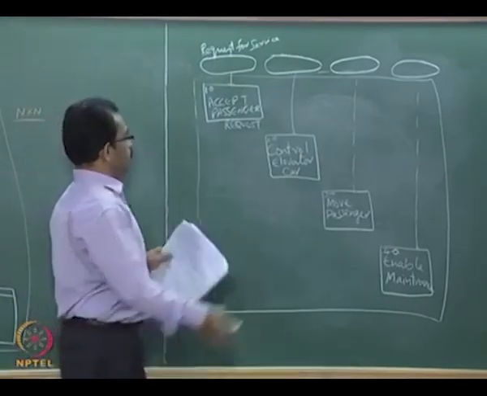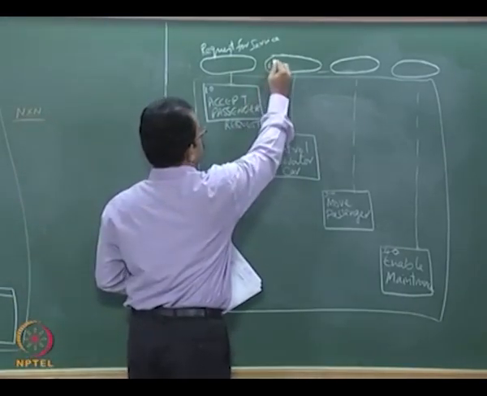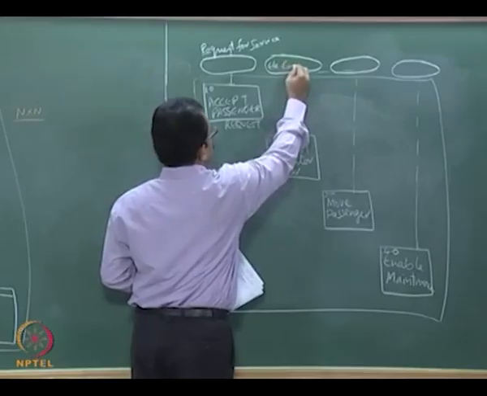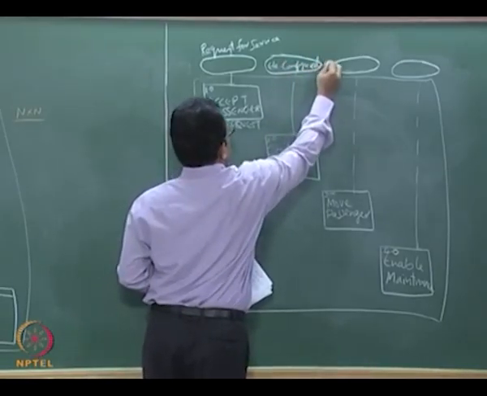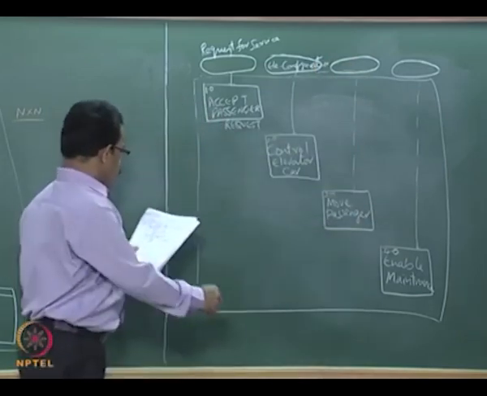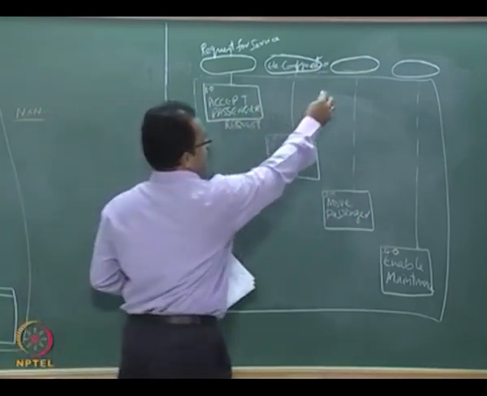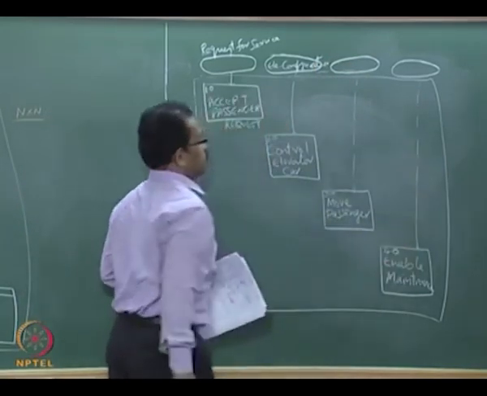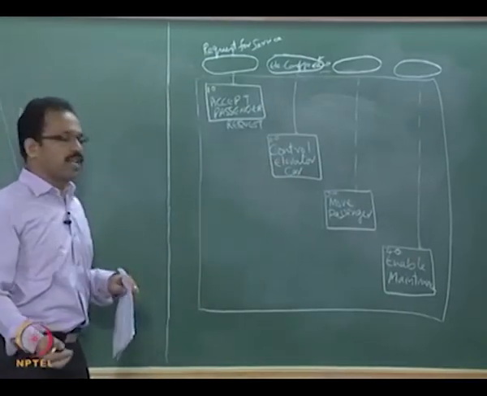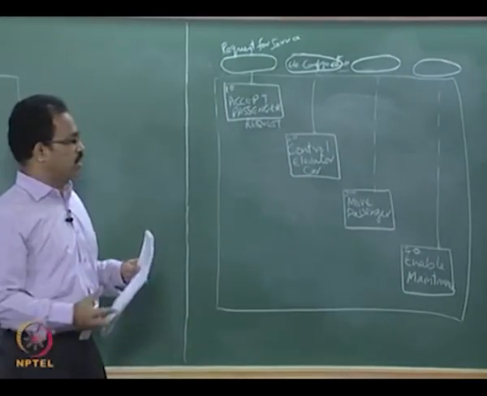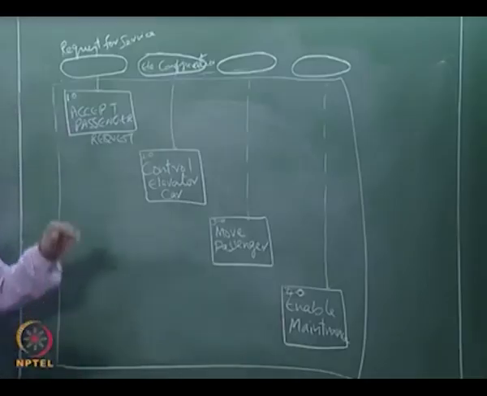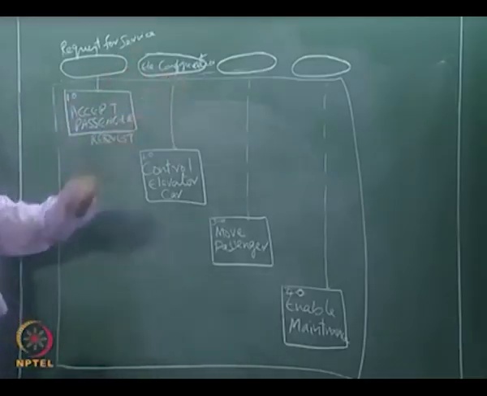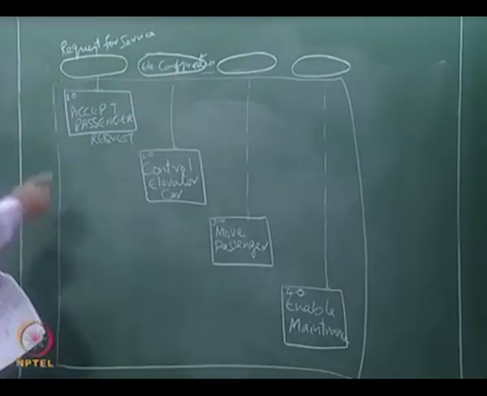Similarly, you will be having the input here as the elevator configuration. Like this, there may be many inputs coming to the system, like safety regulations and building regulations. Those things may be an input to the maintenance service. So these are the inputs coming from the external to the system, so to these functions.